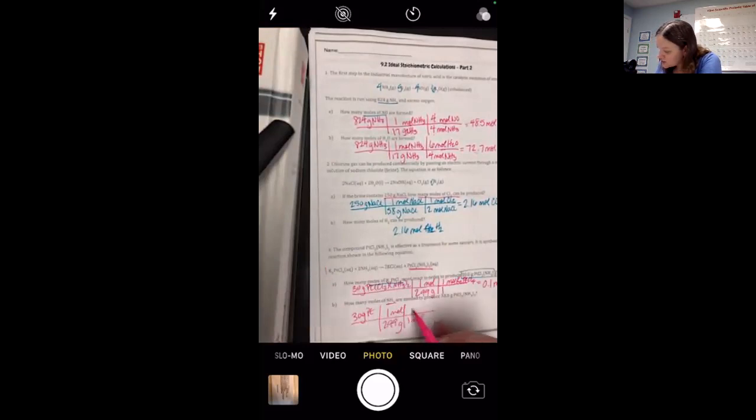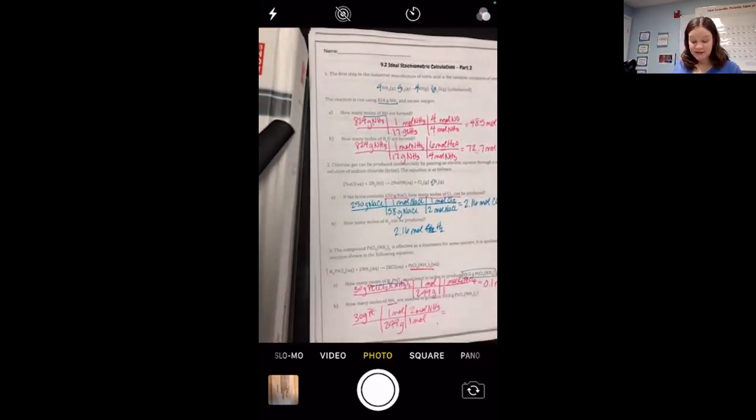The coefficient for NH3 is 2. So you would do 60 over 299 this time. And you get 0.2 moles of NH3.